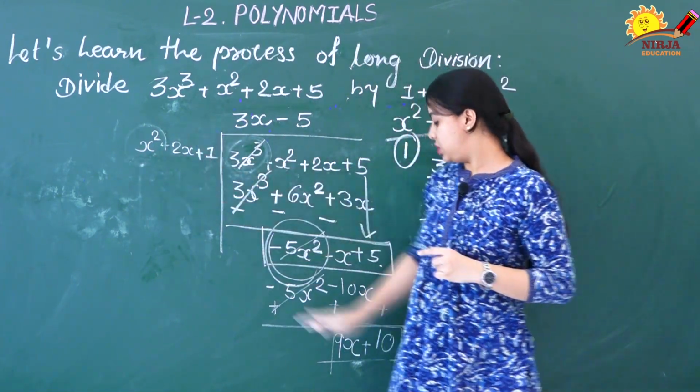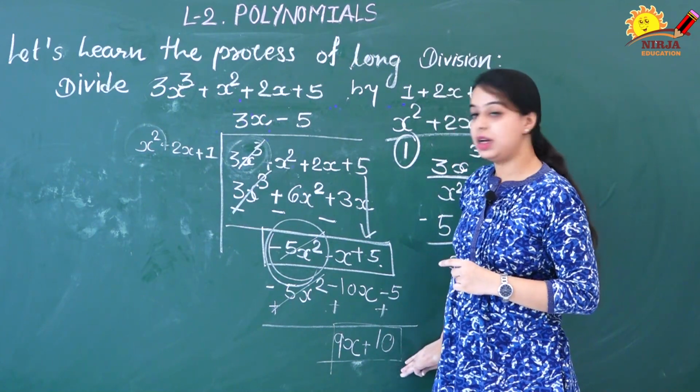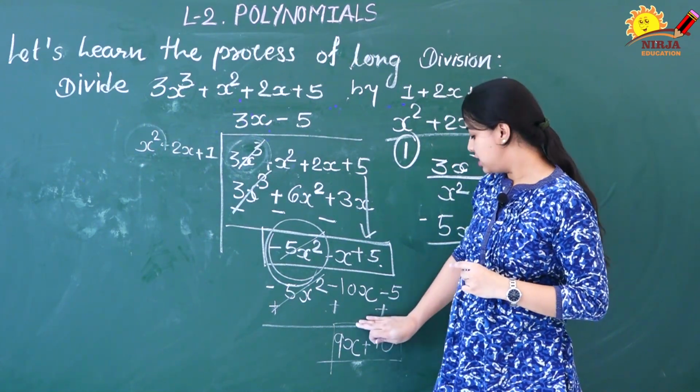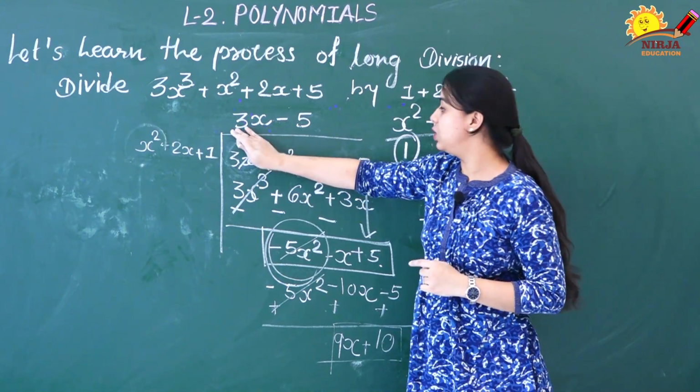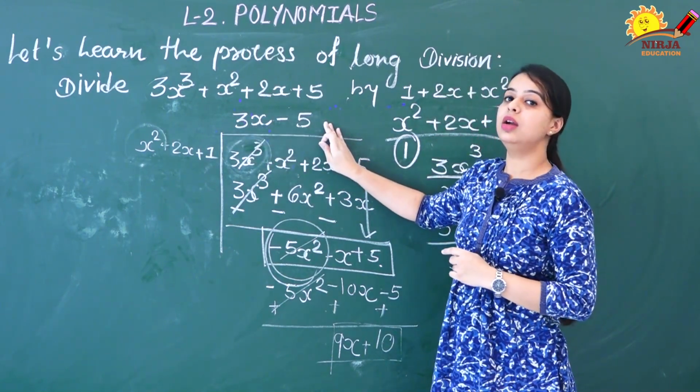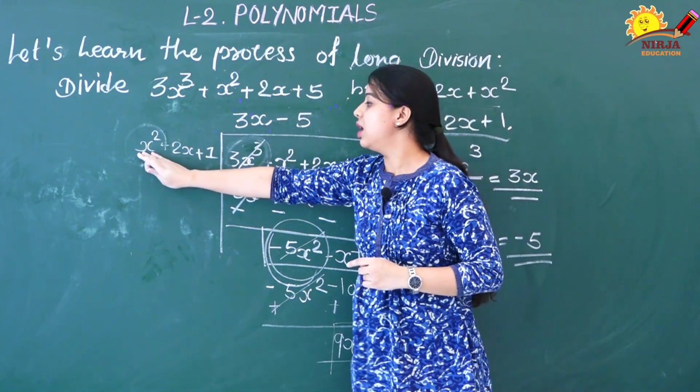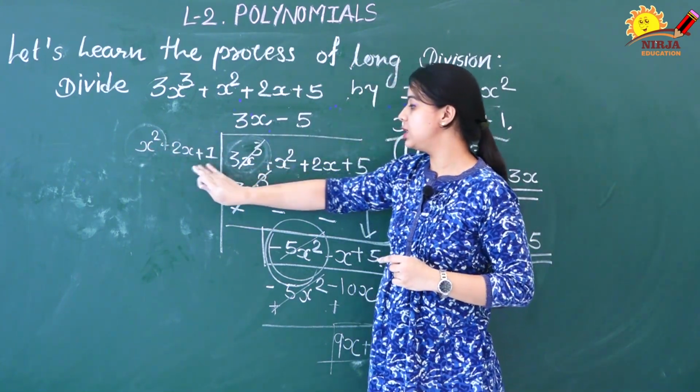So we can't proceed further over here. So we got our remainder r of x as 9x plus 10, our quotient q of x is equal to 3x minus 5, and our divisor is x square plus 2x plus 1.